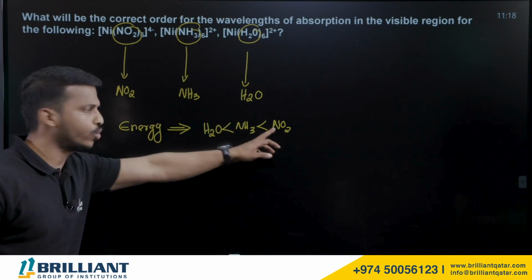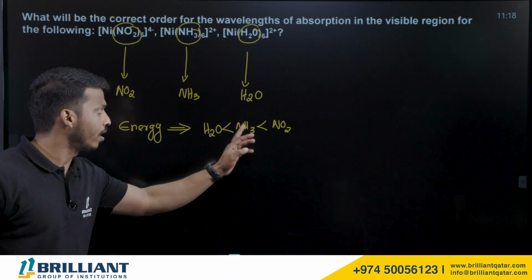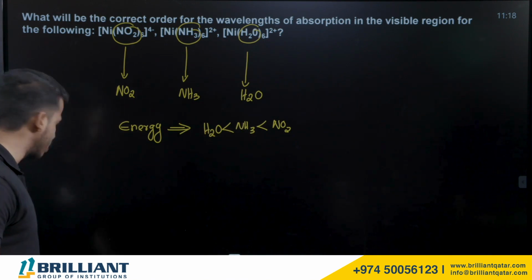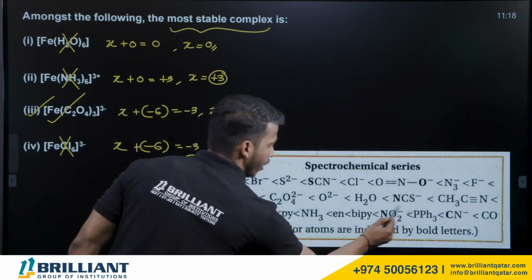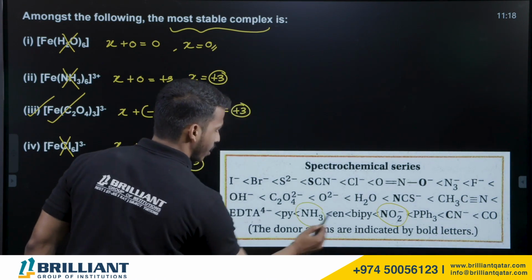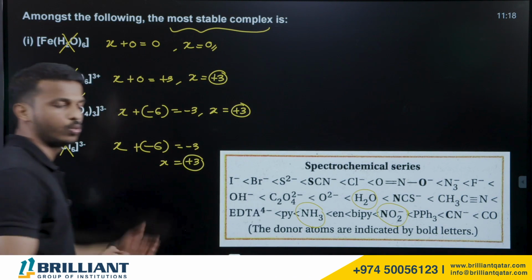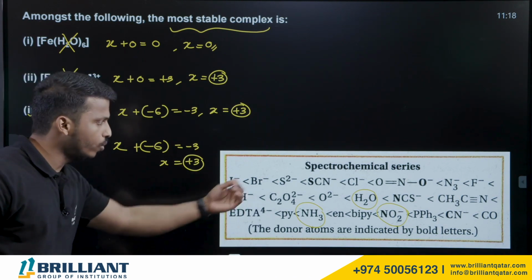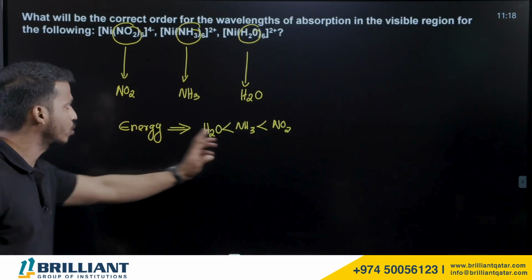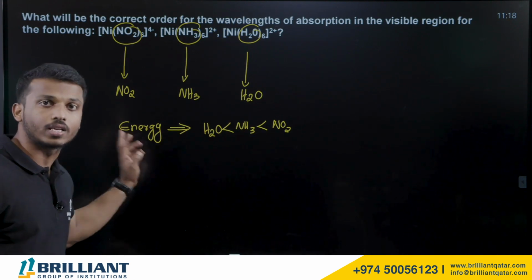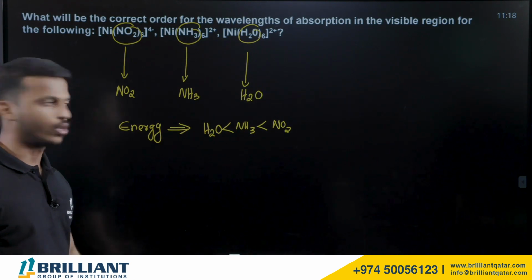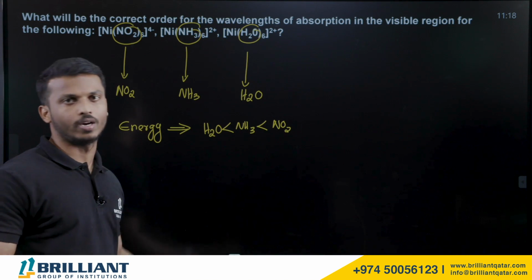Just check it. NO2, NH3, H2O. See, NO2 is the strongest ligand. This is the order in increasing order of their crystal field splitting energy. So the stronger one is NO2, the weaker one is H2O.